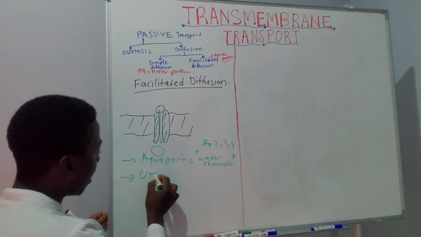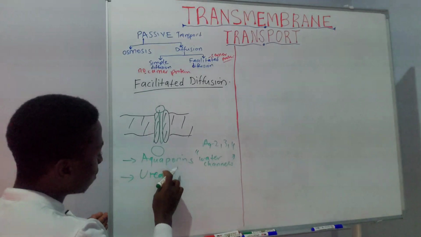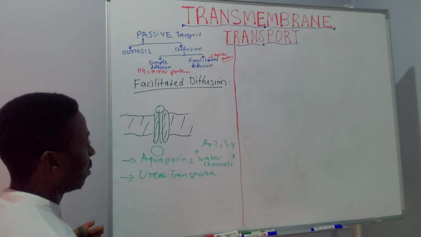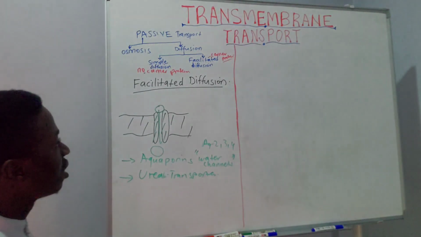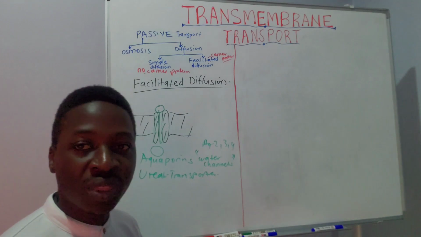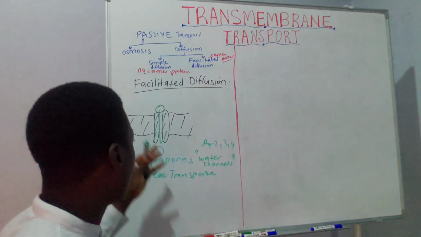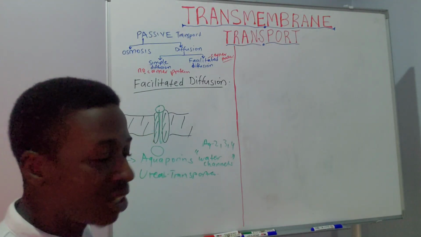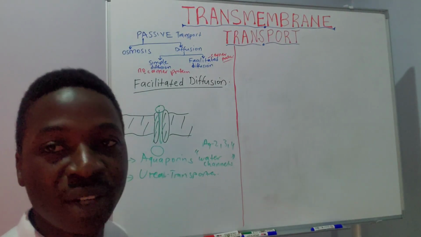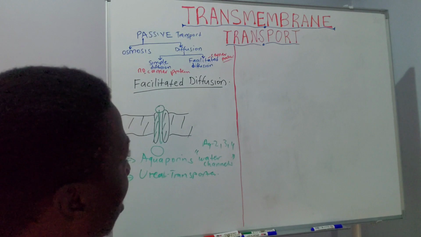We also have urea transporters, which are also more prominent in renal physiology. So these are some examples of facilitated diffusion. The molecule binds onto the carrier protein and undergoes a conformational change until it delivers that molecule on the other side of the membrane. That's what you should remember.